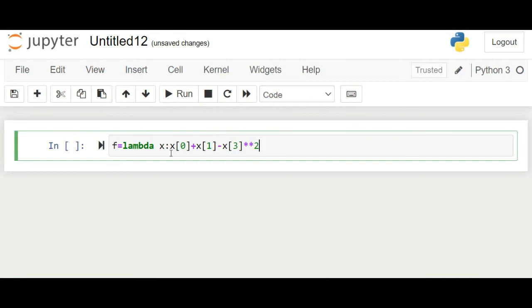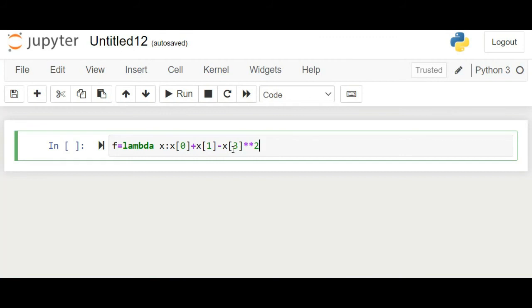So mathematically this function will be written as f of x, which is equal to x1, x2, and x3.